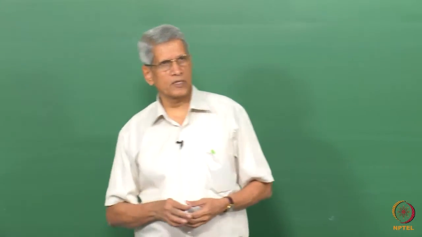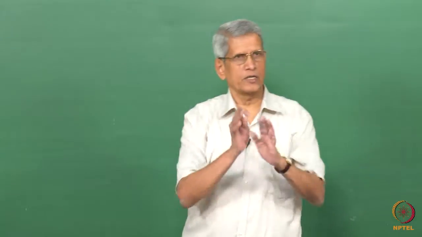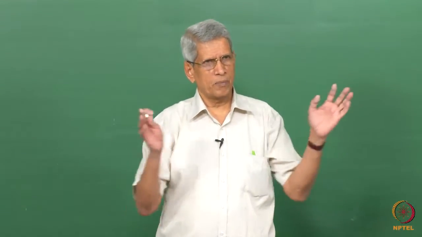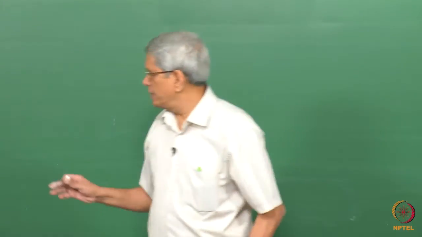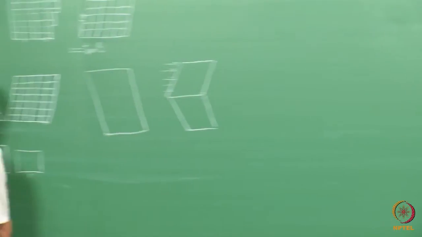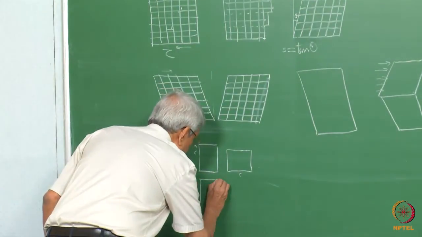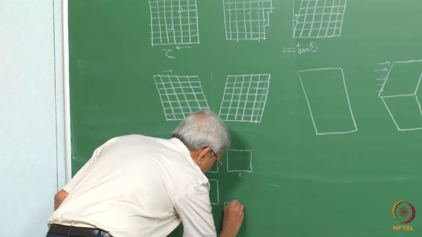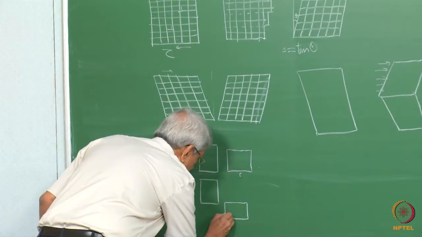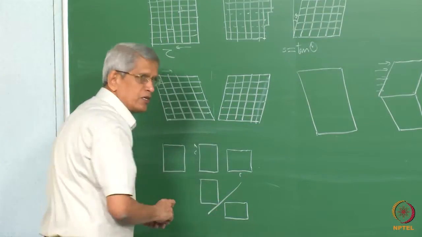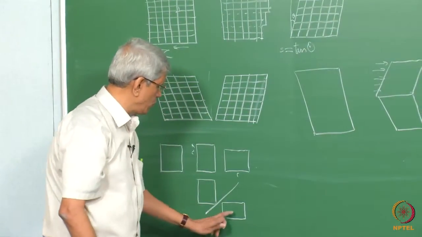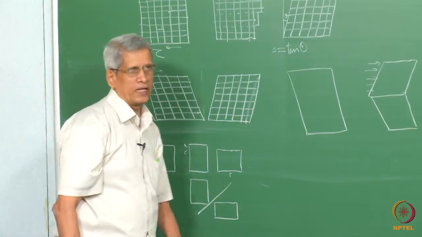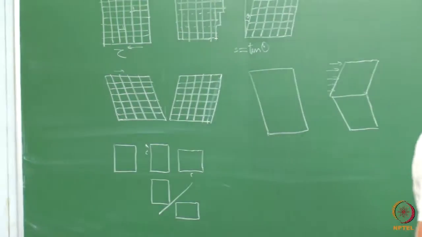Suppose such a transformation has occurred. When they come and join together, when the transformation takes place over time, then if we look at this structure, and the structure which is forming in another region, when they join together across one interface like this, these two are related by a mirror, correct?